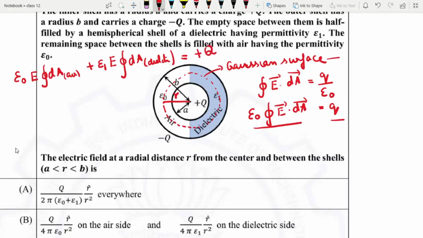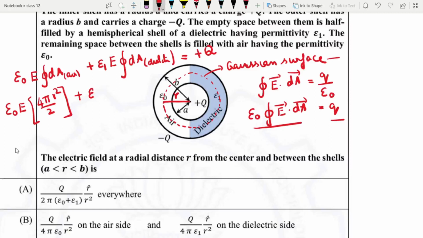Right? Now it will be epsilon naught E into the area occupied by the air. It will be half of the area of the sphere, 4 pi r square divided by 2, because only half of the area is occupied by air. The remaining area is occupied by the dielectric.